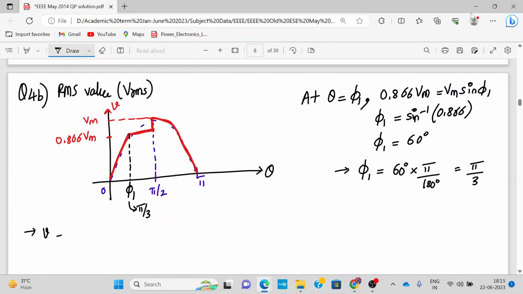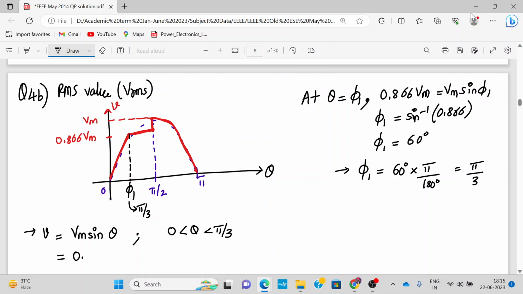of V. So V is equal to Vm sine theta, where theta goes from 0 to pi by 3. So from 0 to pi by 3, V is Vm sin omega t, it's sinusoidal nature.